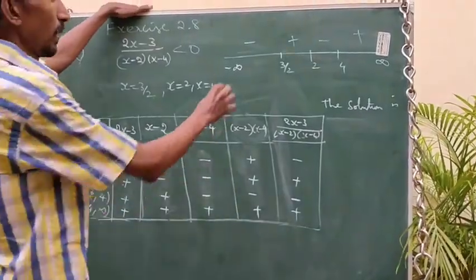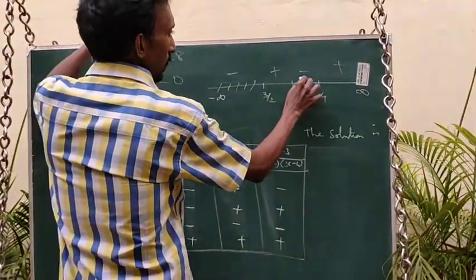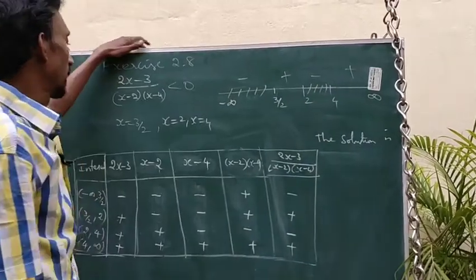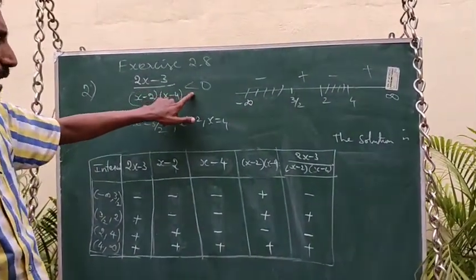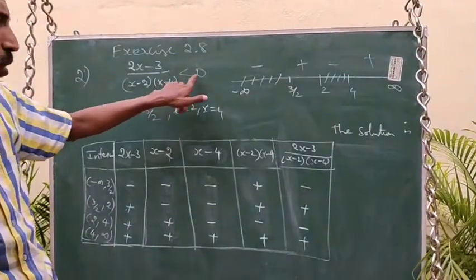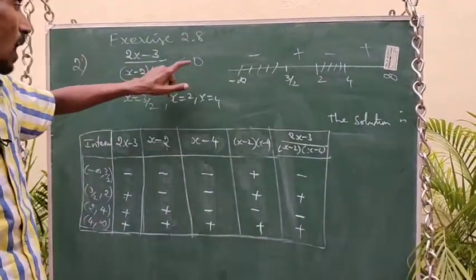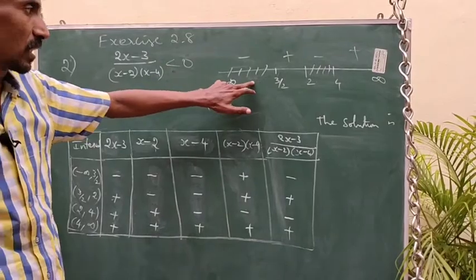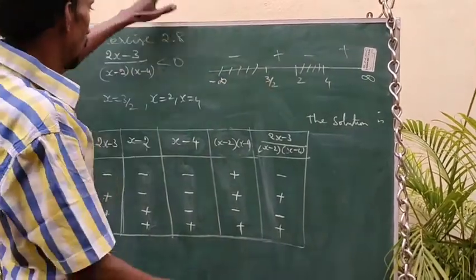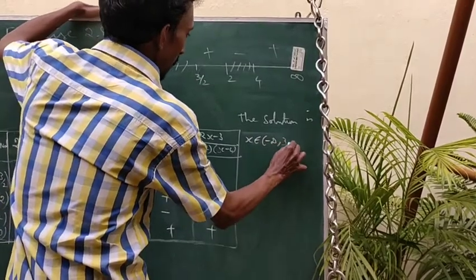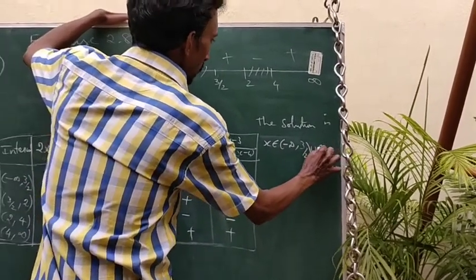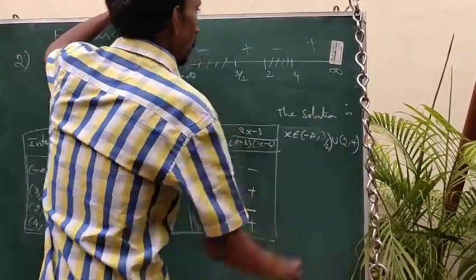So look at the rational expression. It is less than 0. Less than 0 means don't include these two values, and it lies in the first interval union third interval. So x belongs to minus infinity to 3 by 2 union 2 to 4.